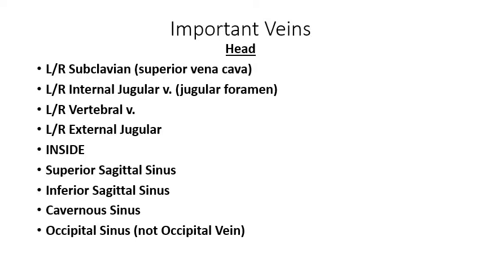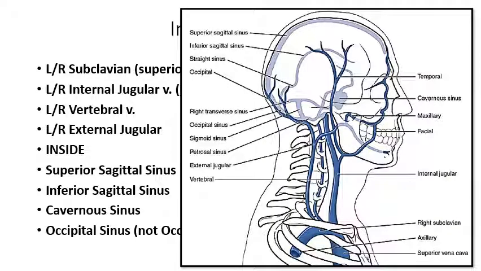Okay, so inside the head, right? Blood is coming back from the arms. It travels down the subclavian vein and then gets dumped into the superior vena cava. Blood traveling back from the head is traveling back through the superior sagittal sinus, the inferior sagittal sinus, the cavernous sinus here in the middle, and the occipital sinus back here.